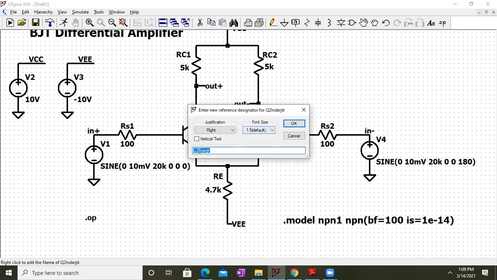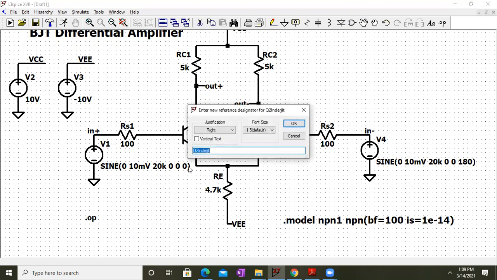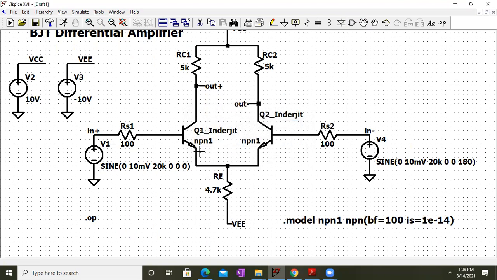Okay, let me change it properly and place it somewhere over here. So this is Q2 and that was Q1. Both the transistors are given their names properly.